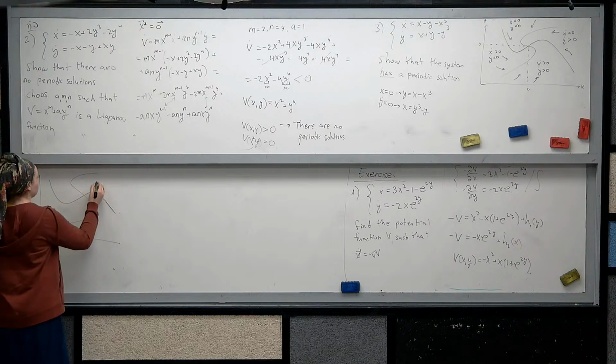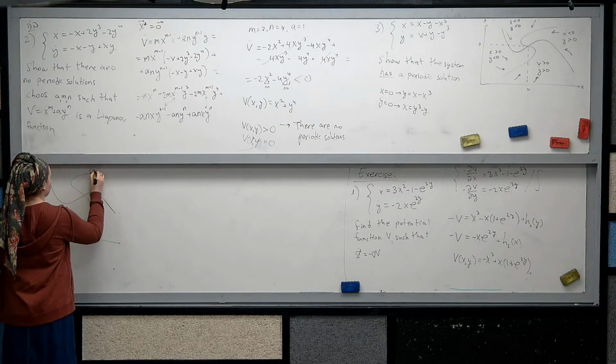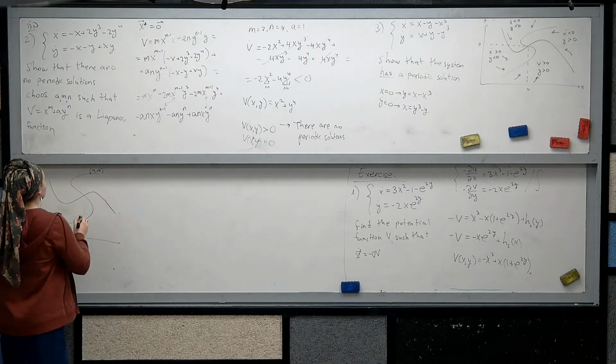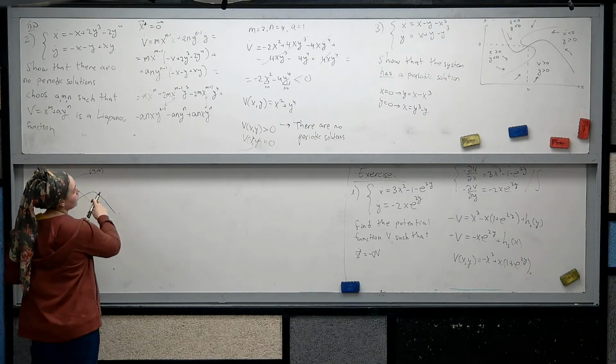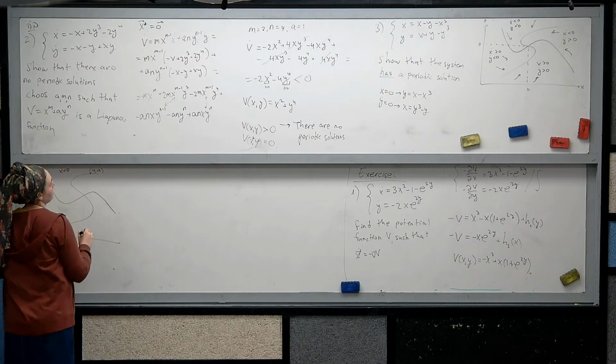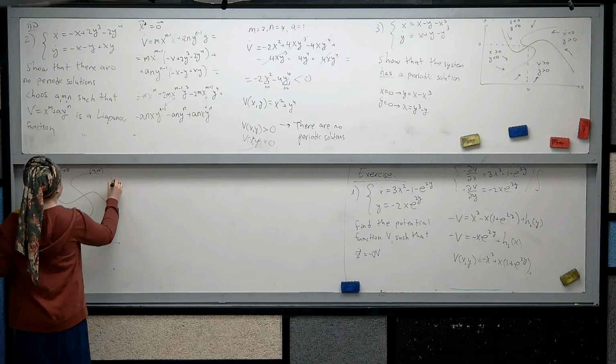Let's say that we start here, at some point. In this area we have x dot lower than 0, right? And also here.